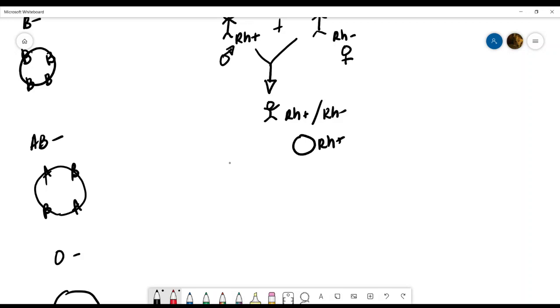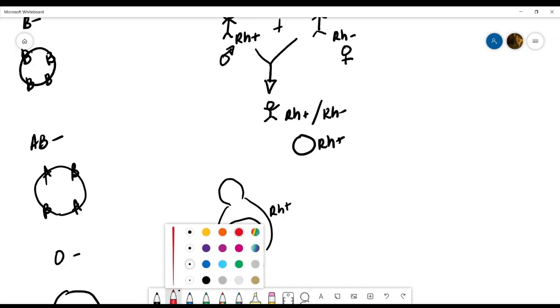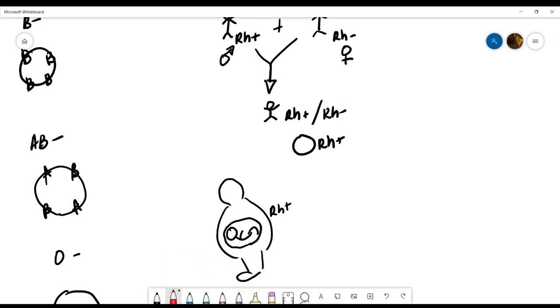So under the first pregnancy, the mother will have a child who is Rh positive in the womb. So the blood is separated by the placenta.